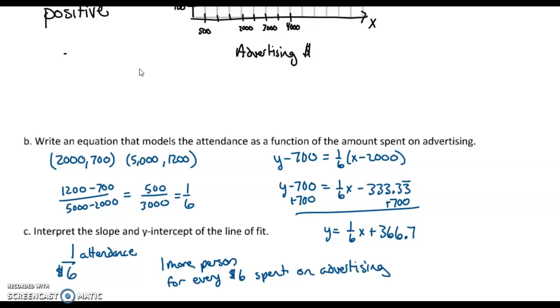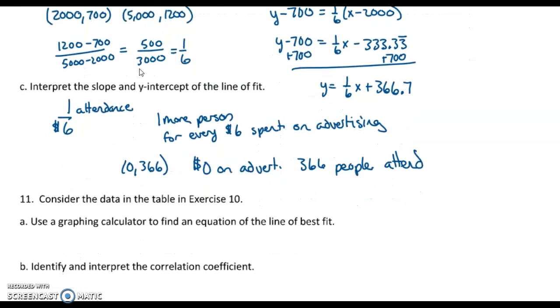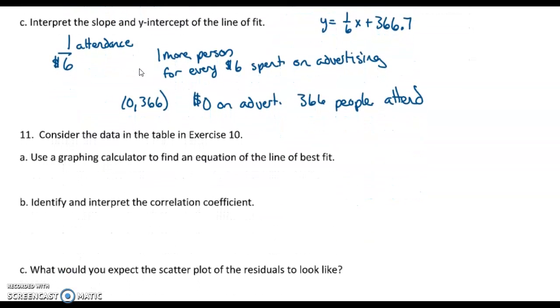And the y-intercept, think of it like this point, (0, 366). That means if we spend $0 on advertising, 366 people will attend. So if you spend no money on advertising, you will still have 366 people attend the festival.